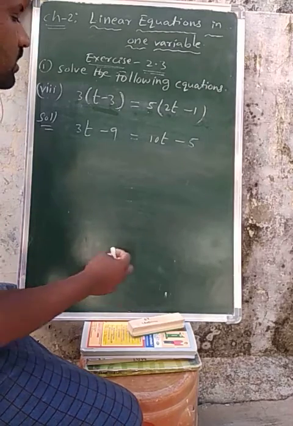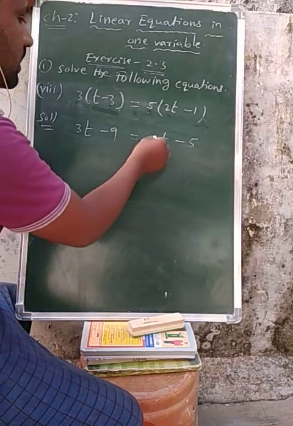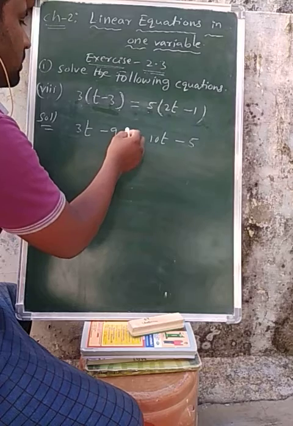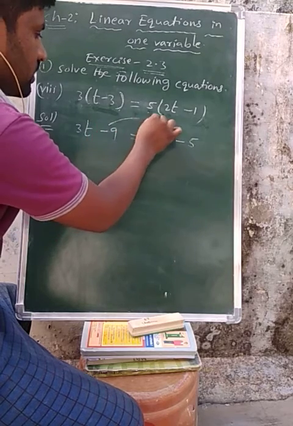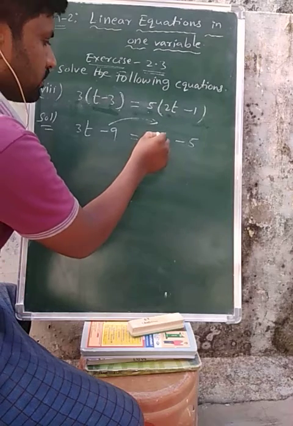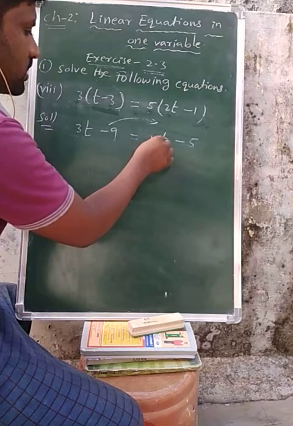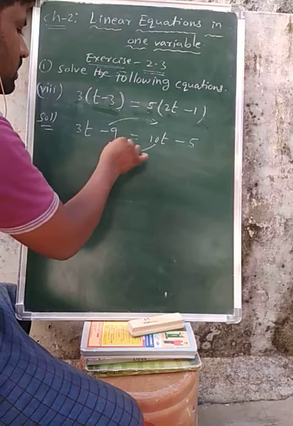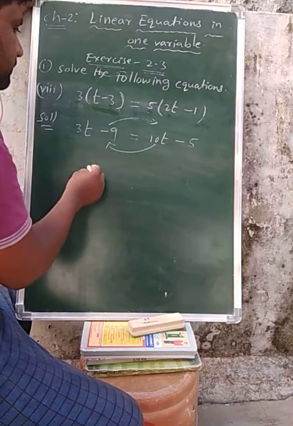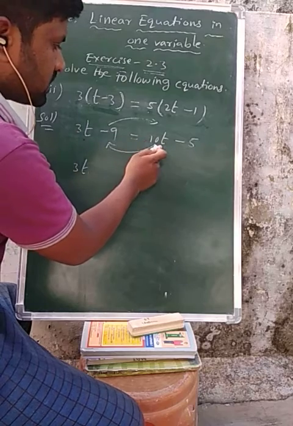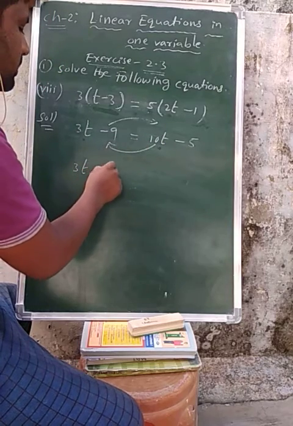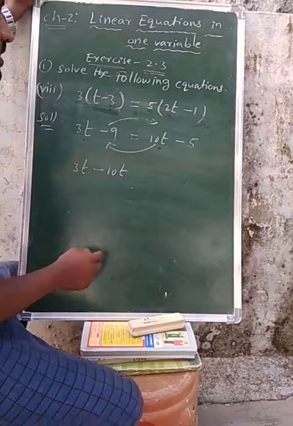Now here what I am doing, transposing minus 9 from LHS to RHS, and plus 10t is transposing from RHS to LHS. Here 3t is there, and 10t transposing to the LHS side becomes minus 10t.